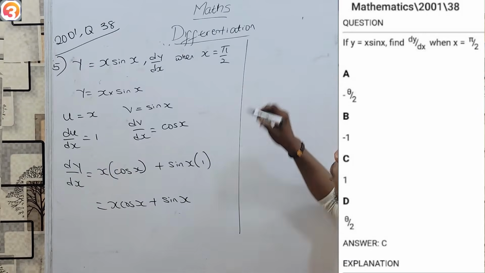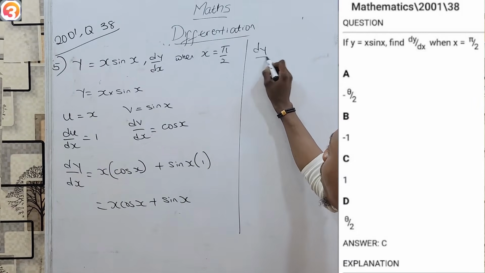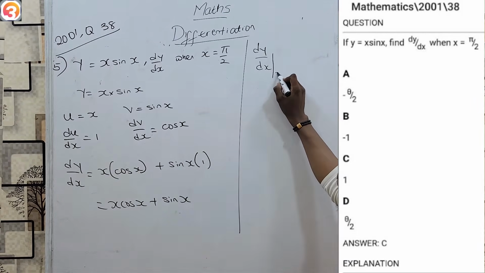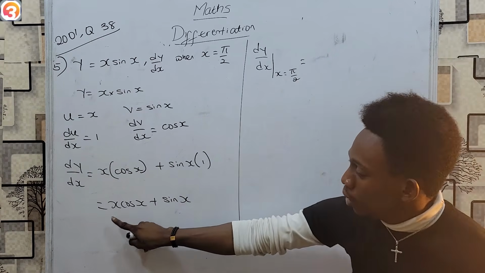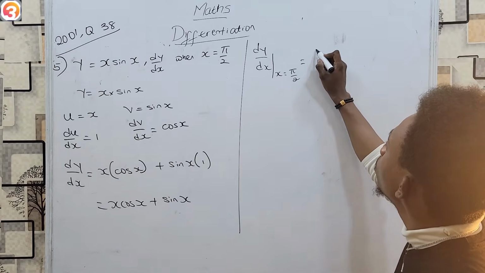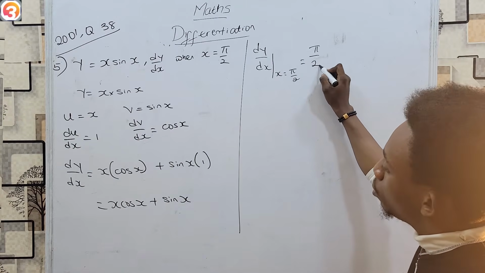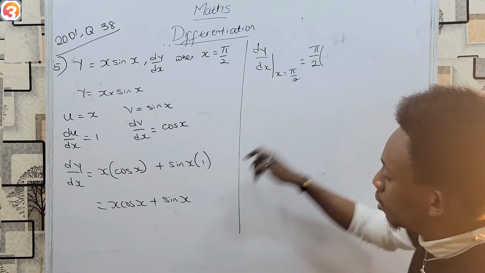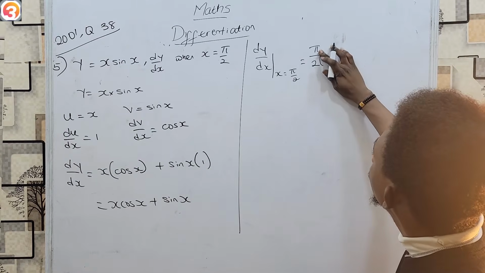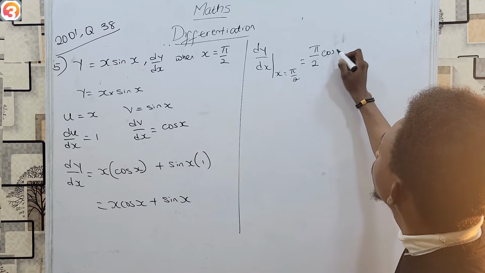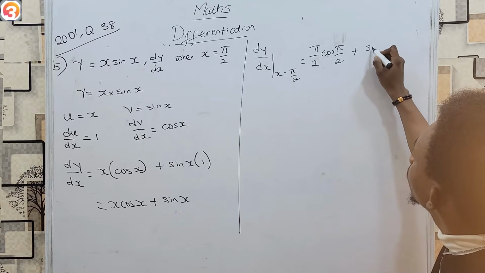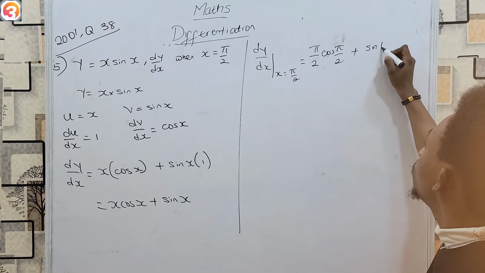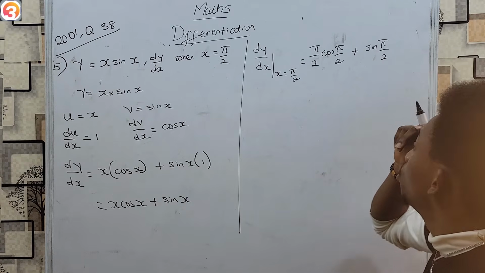So let's see, how do we do that? dy dx at x equals pi over 2 becomes, this first x turns into pi over 2 times cos x, which is also going to be cos pi over 2 plus sine x, which will also become pi over 2.